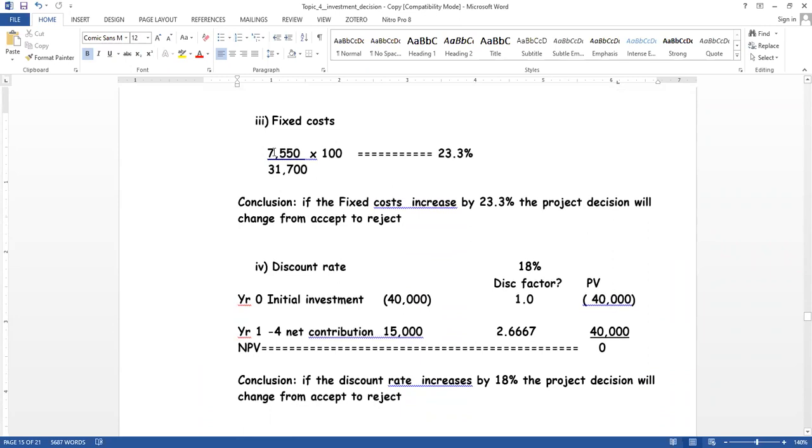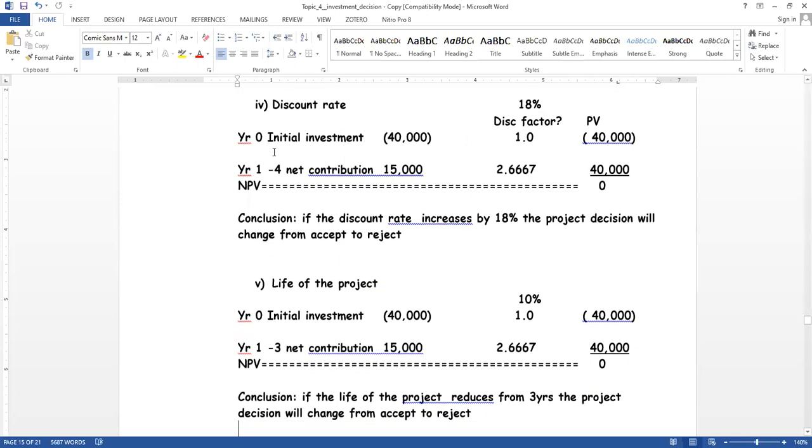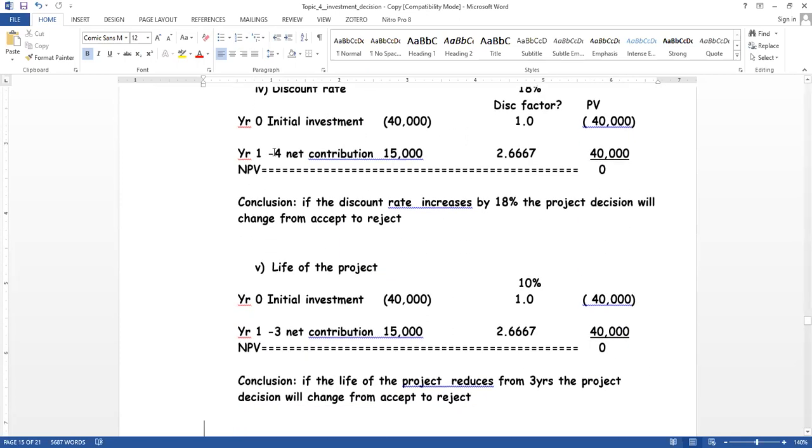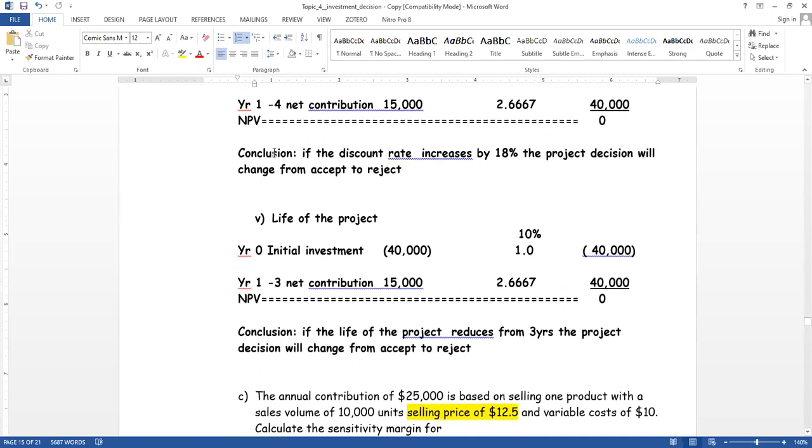Discount rate 18. Life of the project, it was what? 18?